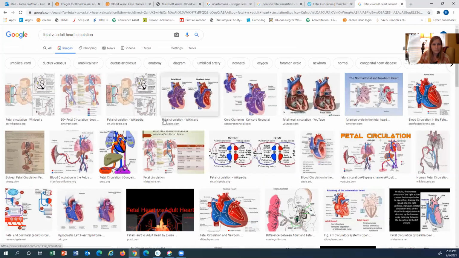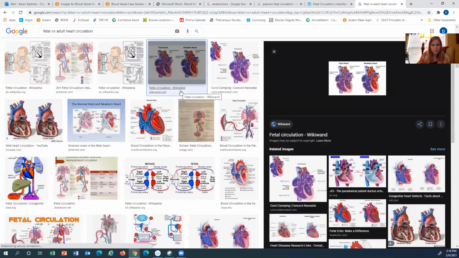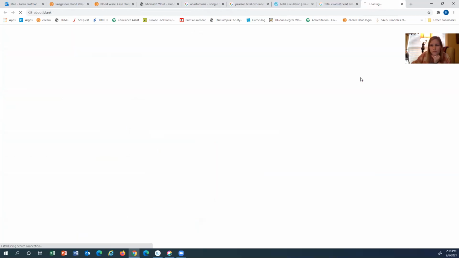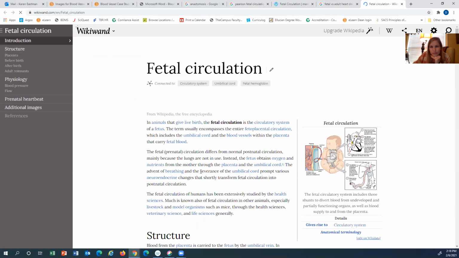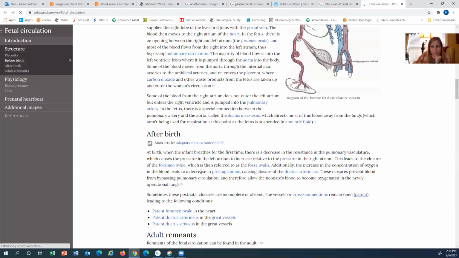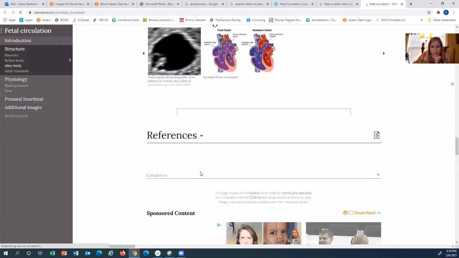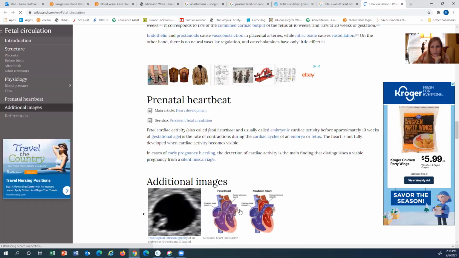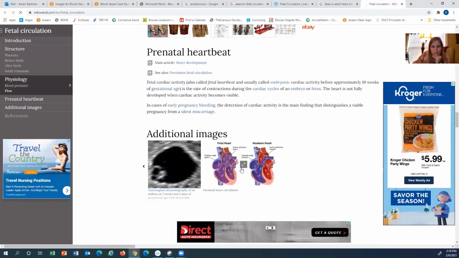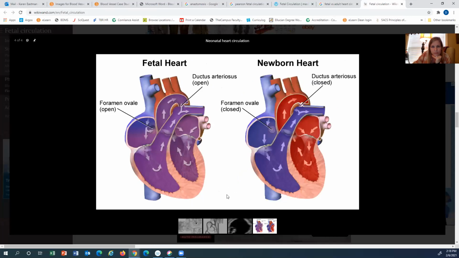Let's see if we can see both of them. This might be a good one. Okay, yeah, this looks like a good one.